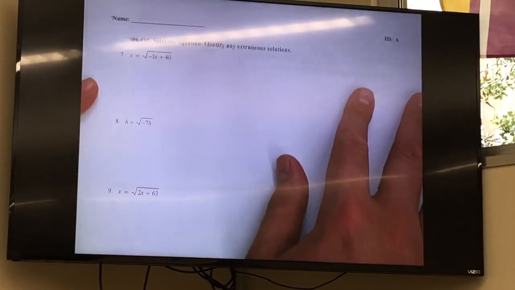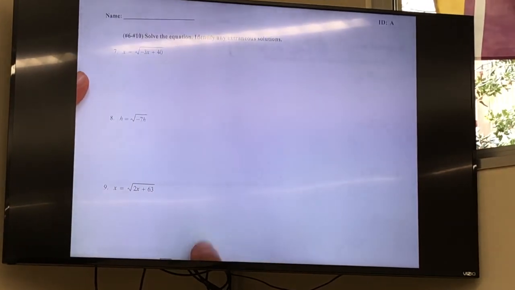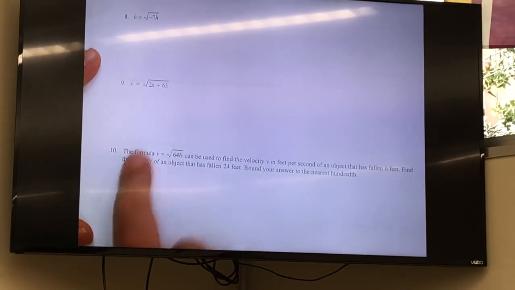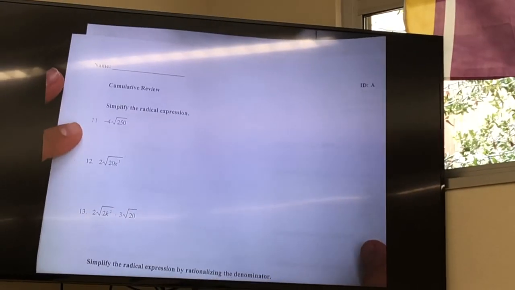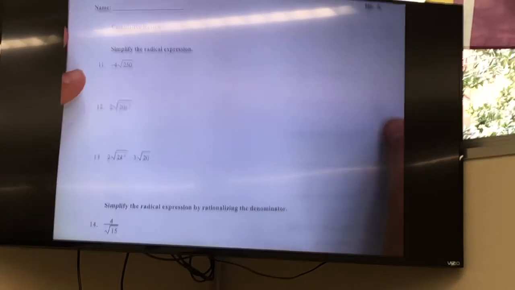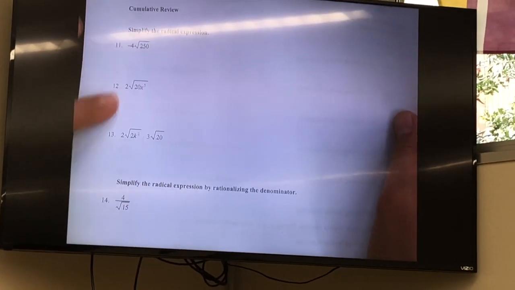The back side says solve the equation, identify extraneous solutions. So that's 7 through 9. There is a word problem. Do your best on that one. You can do it. And then the last will be our cumulative review, making sure that everything we teach you from before this break, you continue on.